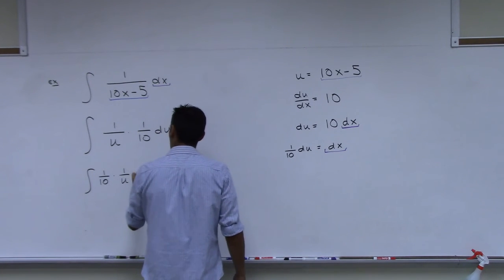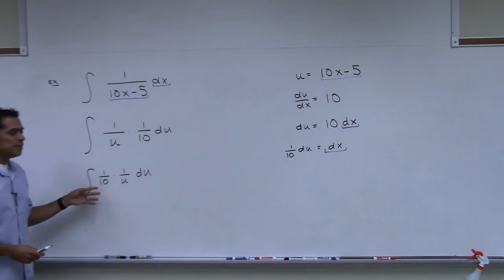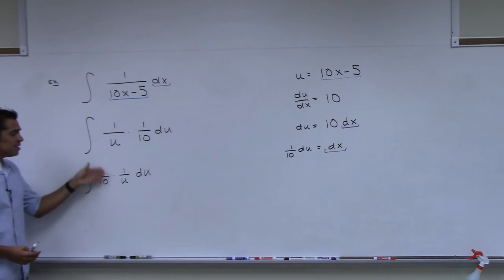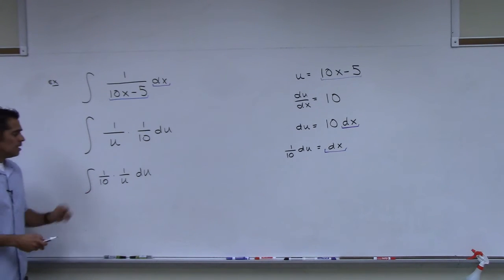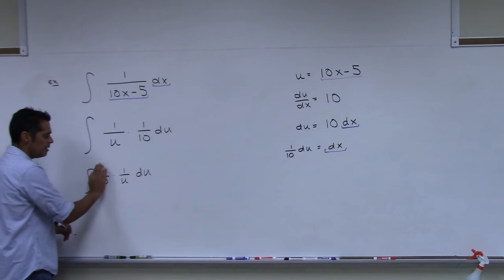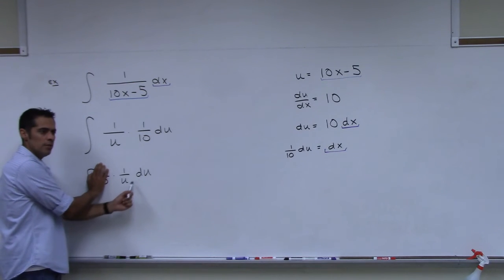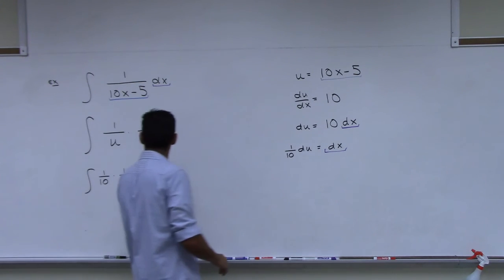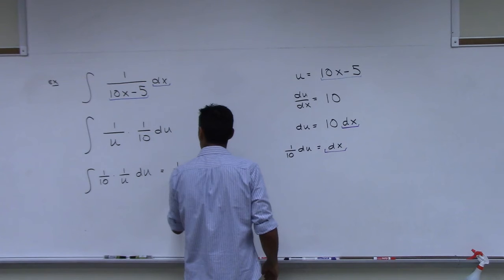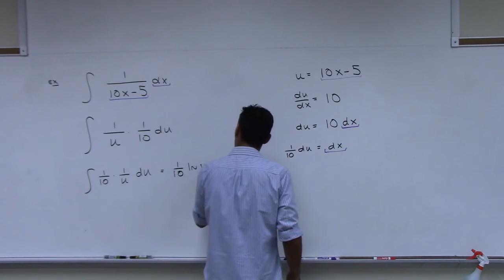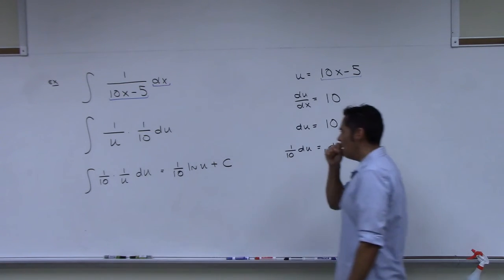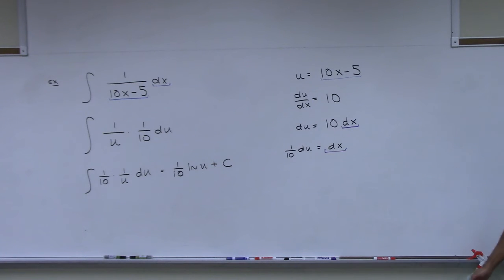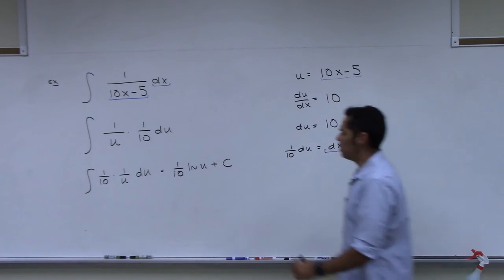Remember that when you take derivatives or antiderivatives, constants out front just come for the ride. What's the antiderivative of 1 over u du? ln u. So we have 1/10 came for the ride, ln u plus c. Are we done? Nope. Got to replace u with 10x minus 5.